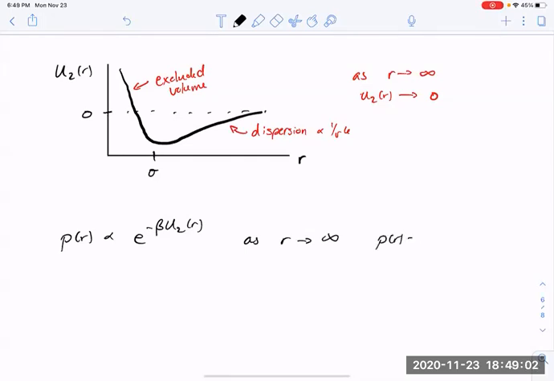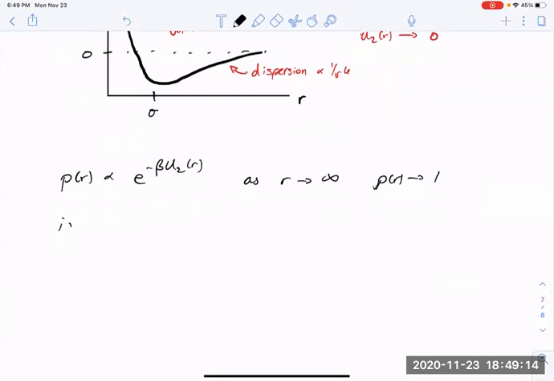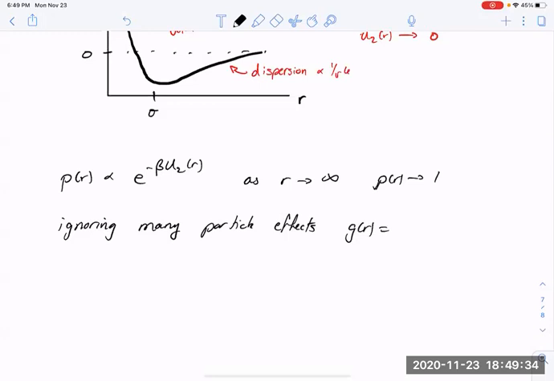So P of r will go to something like 1, or the density will go to something like 1. So ignoring many particle effects, which is reasonable if the density is low, we might expect that the G of r goes like just this Boltzmann factor.